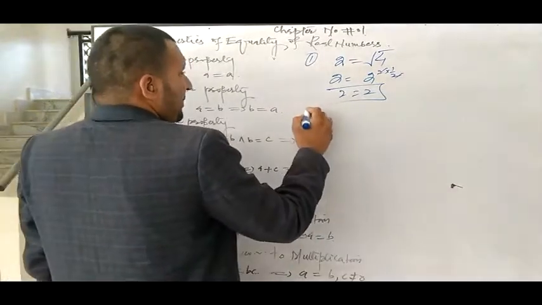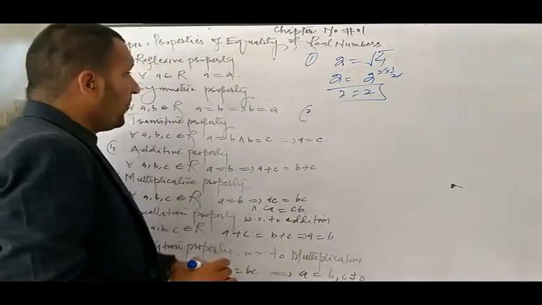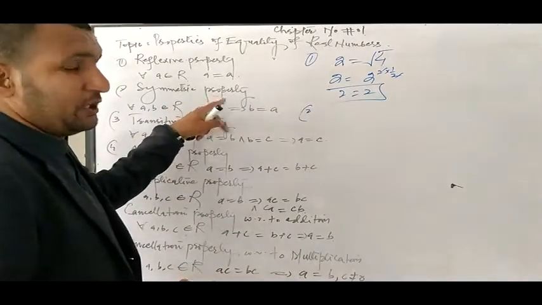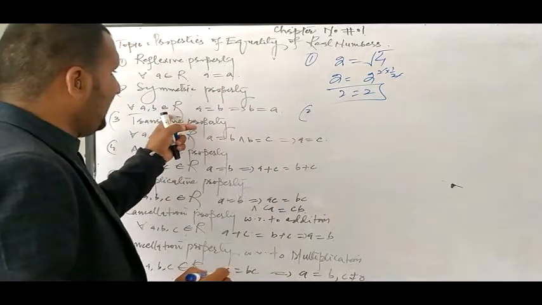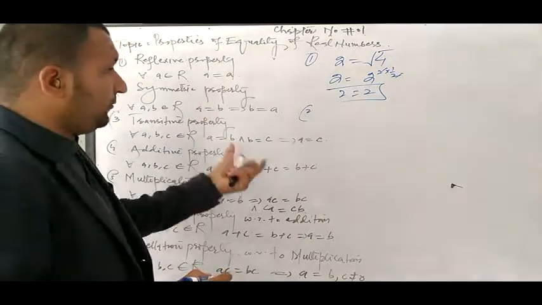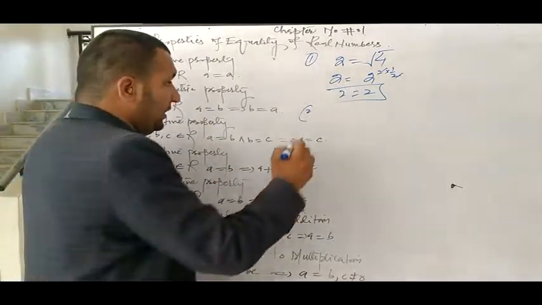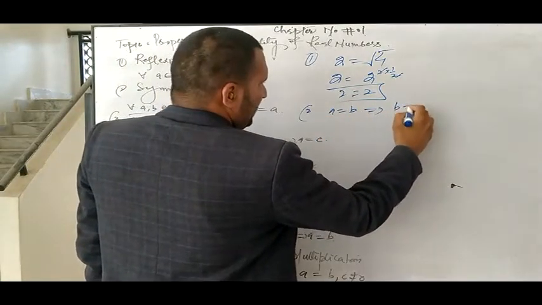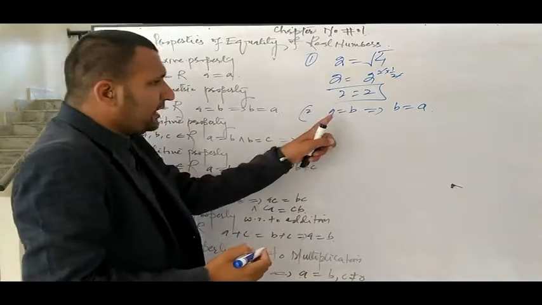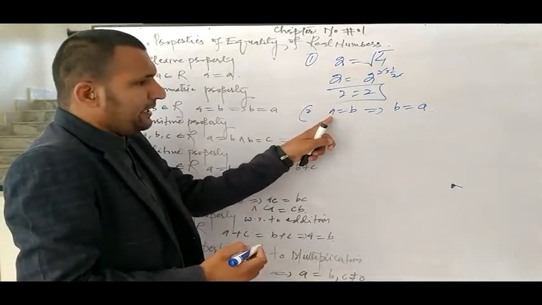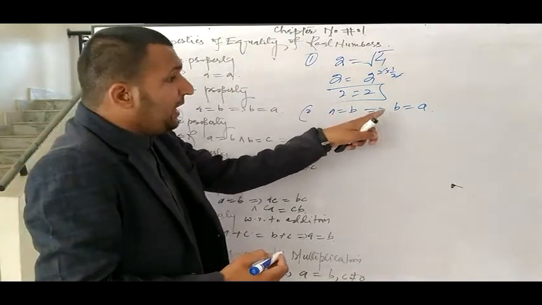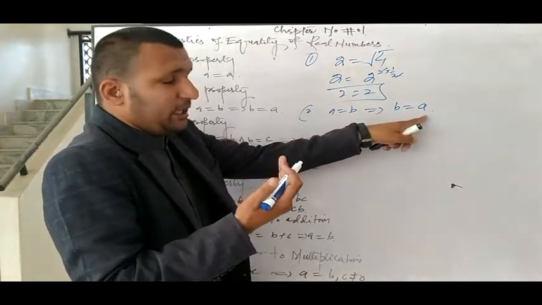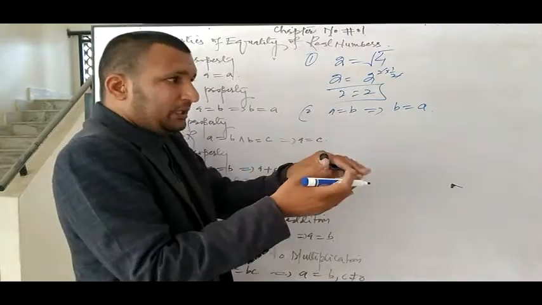Number 2, the symmetric property. We take two values, and the property is satisfied with those two values. If a is equal to b, then conversely b is equal to a. In this condition, first a is on the left hand side and b on the right hand side; in the converse, b is on the left and a on the right, but the answer is equal.